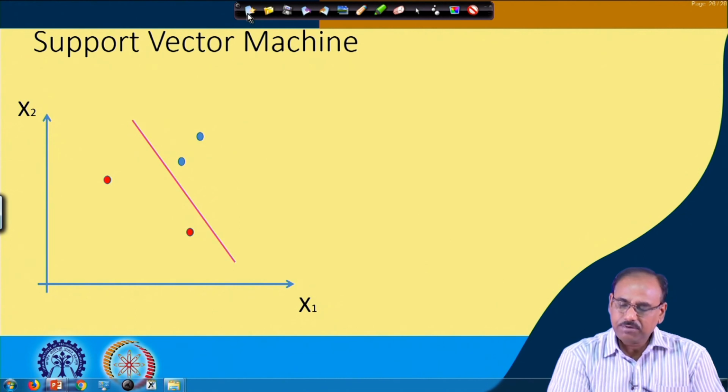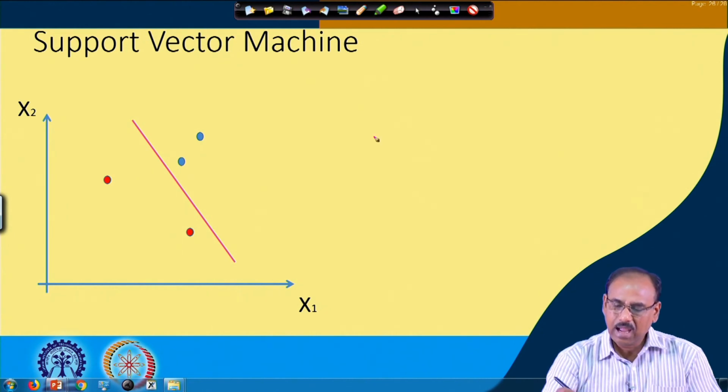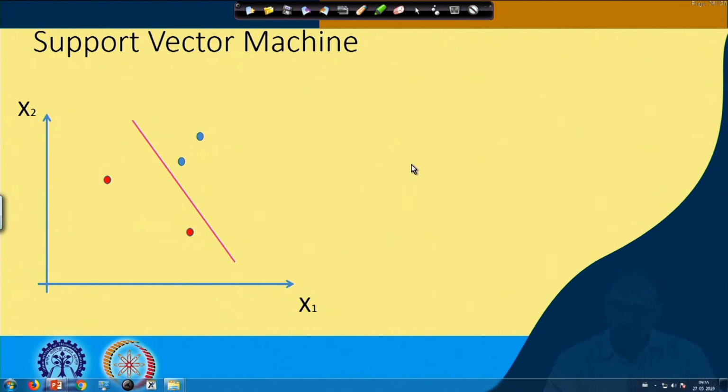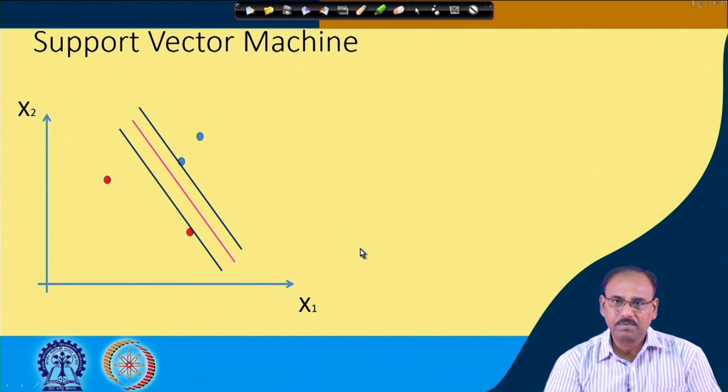Now, as we have seen previously, I can have different options of the separating plane, and what I have to do is choose out of all those options which is the correct one. If I take this particular separating plane, then my margin is given by this.